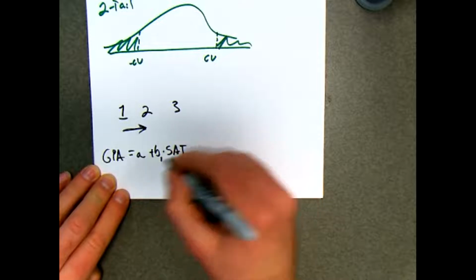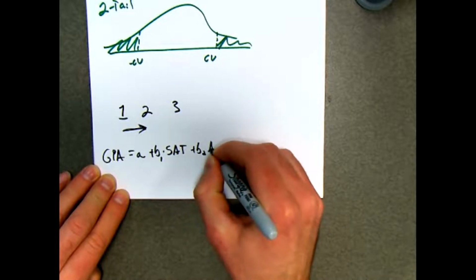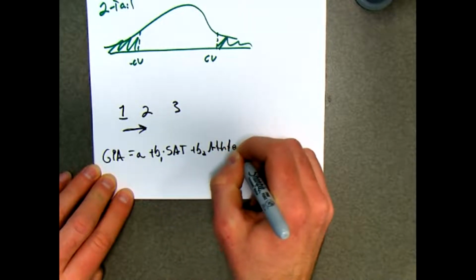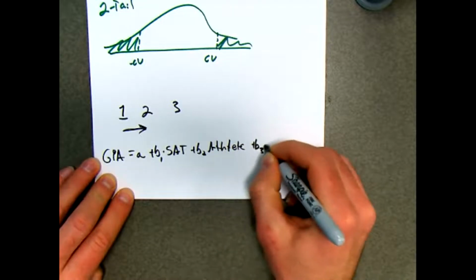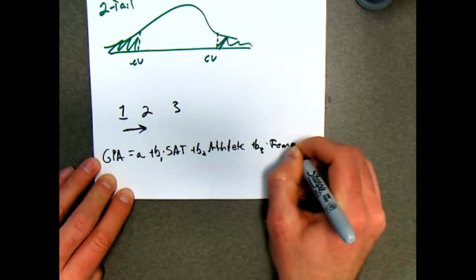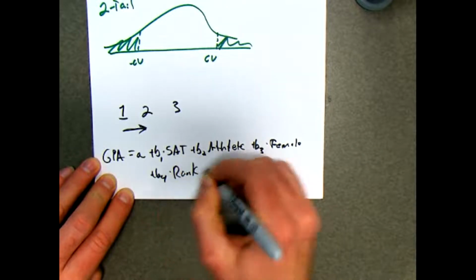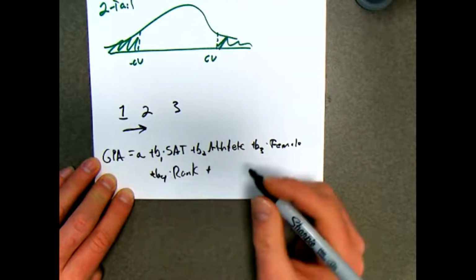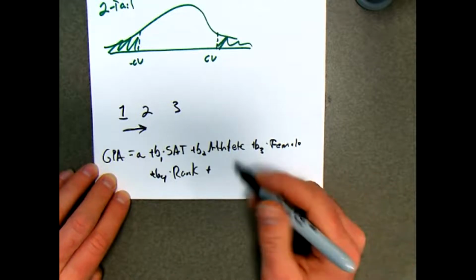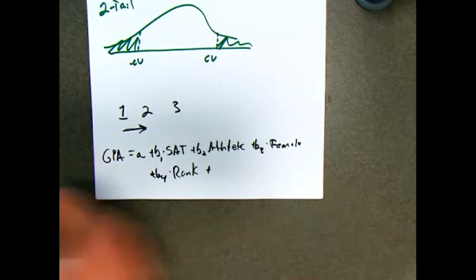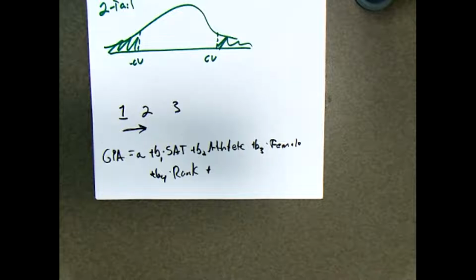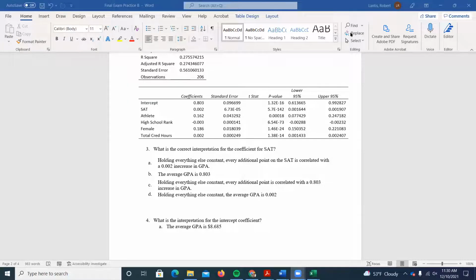SAT score, whether or not they were an athlete, female coefficient, rank, and what's the one I left off? Guess I'll have to check. Rank, SAT, female, oh, total credit hours.